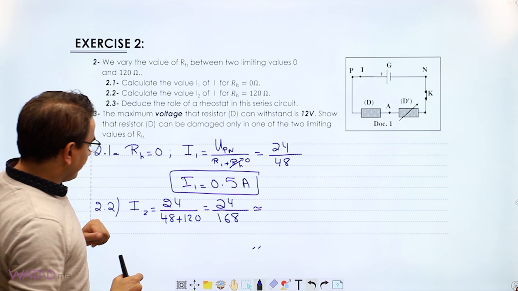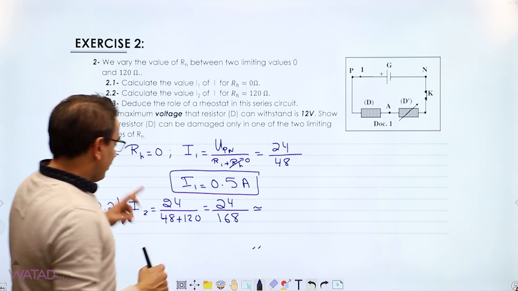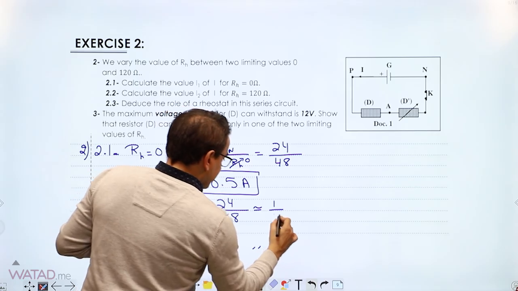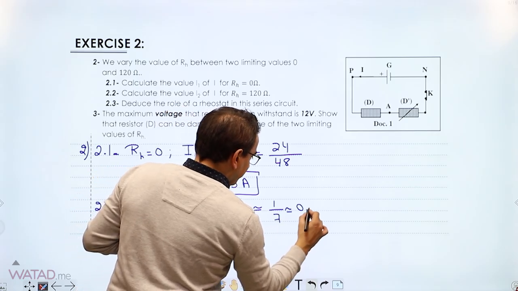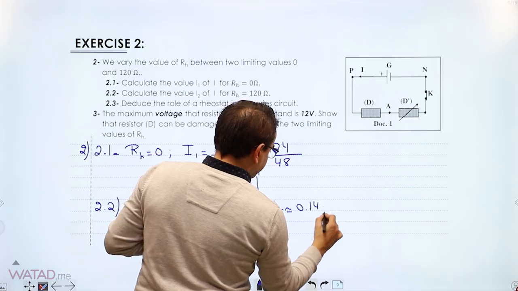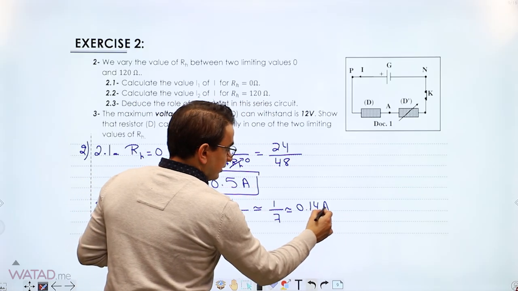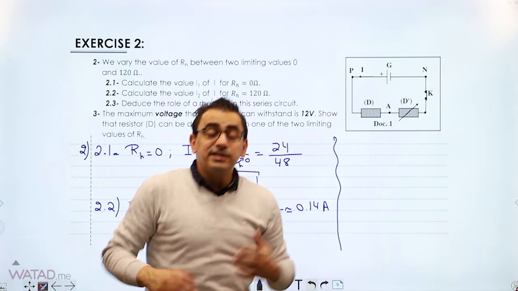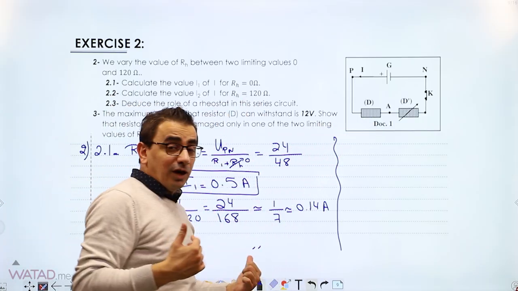Dividing by 24 both, we have 1 over 7, which is approximately 0.14 ampere. Okay? That's it. So, notice when the rheostat's resistance is high, the current drops.